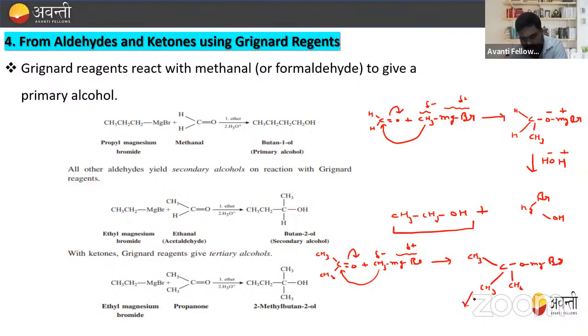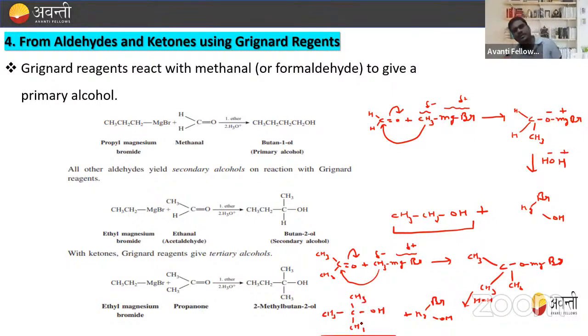Again, hydrolysis of this. If you take the hydrolysis of this, what will you get? You will get MgBr(OH) as a byproduct, and the main product you will get is CH3, C, CH3, CH3, and OH. Right.